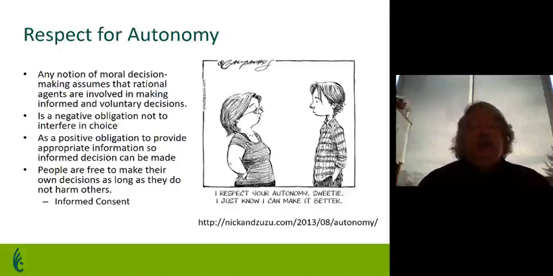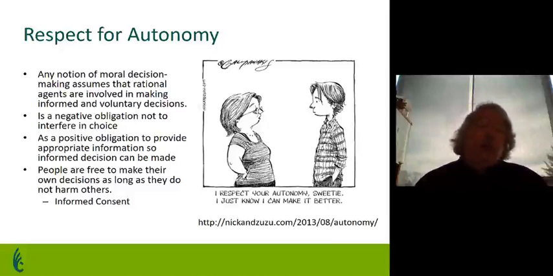It is the notion that decisions on what should be done to an individual is that person's right to make for themselves. That others from the outside should not make those decisions. It is a negative obligation not to interfere in choice.